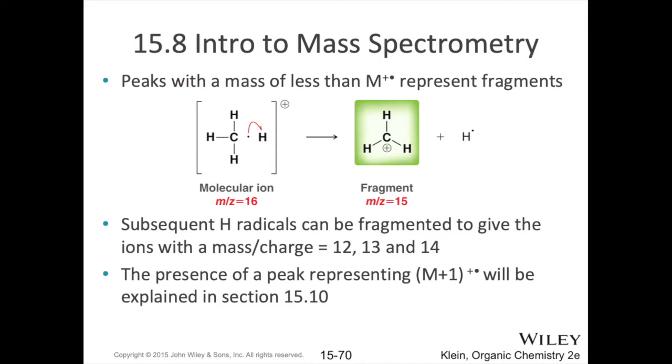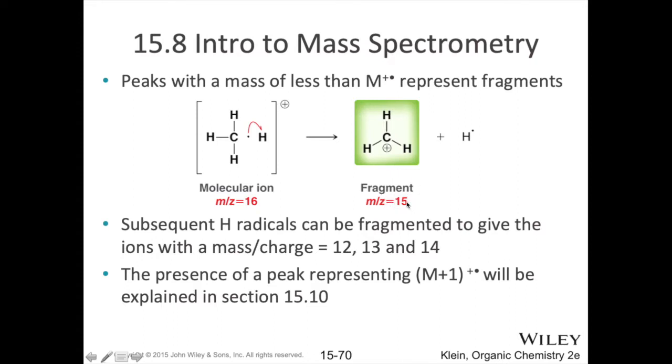Okay, let's talk a little bit about fragmentation. So you probably noticed that there were peaks below 16 in that graph I just had for methane. So why is that? Well, that's where fragmentation comes in. If you have your parent ion, that radical cation here, and in the process we lose a hydrogen radical, well, that resulting methyl carbocation gives us that peak that we saw at 15.